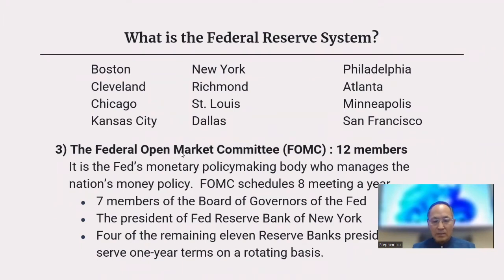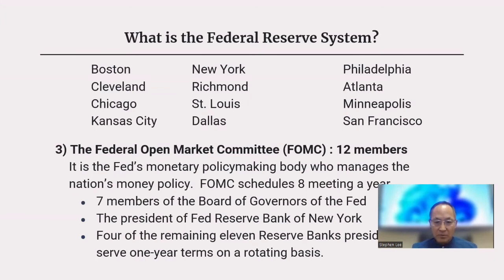That is why sometimes you say the Federal Reserve Boston Bank, or the Federal Reserve New York Bank. Now you can see which area, which Federal Reserve Bank said something.